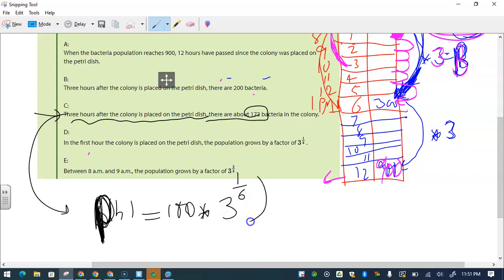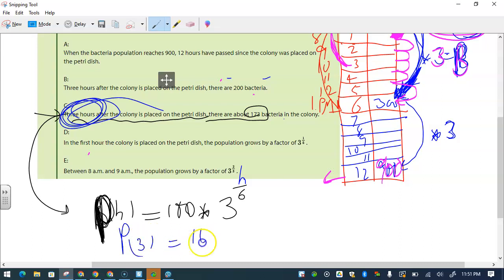And then instead of writing raised to the power h, I can very well write this as h. We can write just right here and put h. See, so P of h. And the question is asked after 3 hours, so you have to put P of 3, and you get 100 times 3 raised to 3/6, and 3/6 will give you 100 multiplied by 3 raised to 1/2.